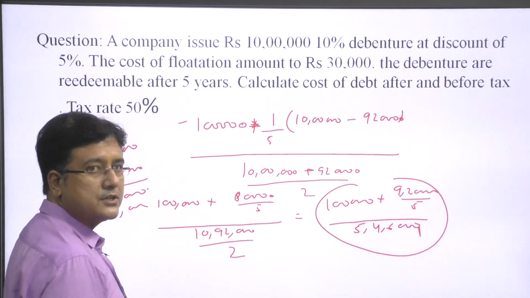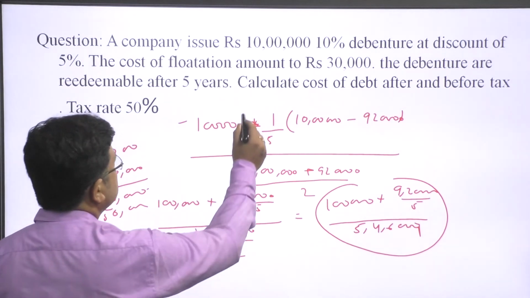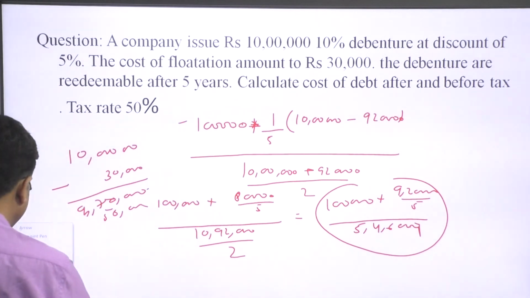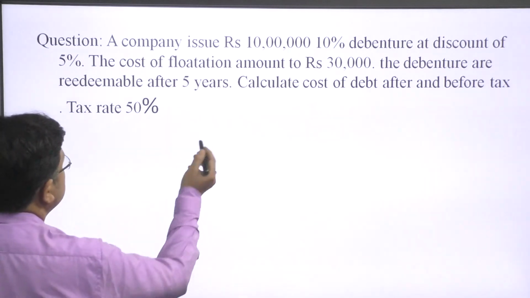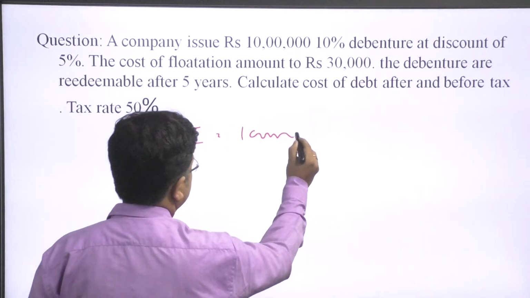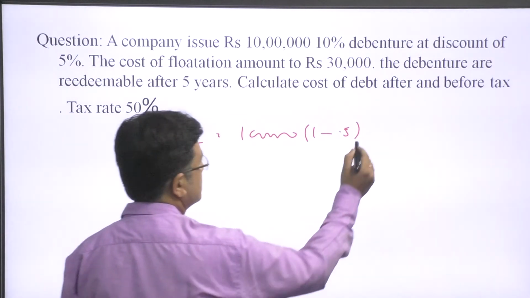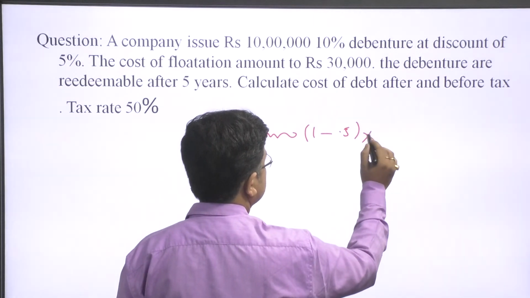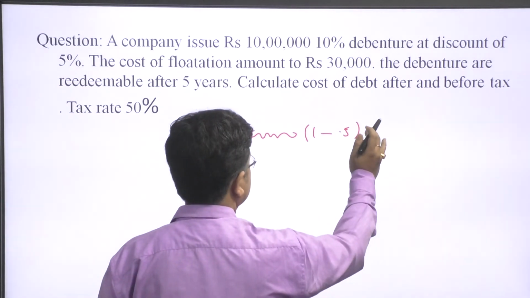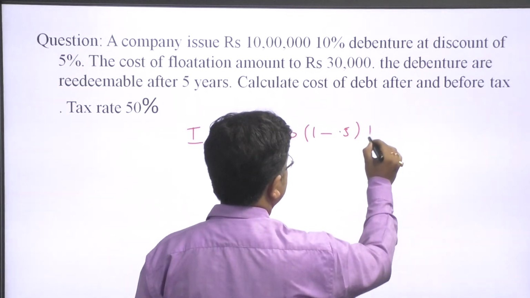For the after-tax calculation, we need to put the tax percentage here. For the tax percentage, we take I, that is 1 lakh, times 1 minus tax, which is 0.5. Other things will be the same, with one upon n.